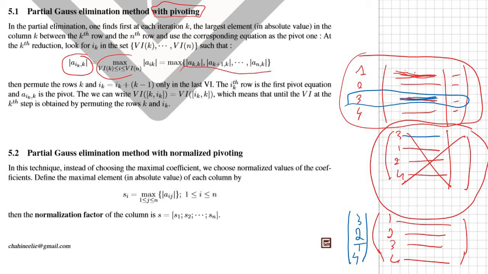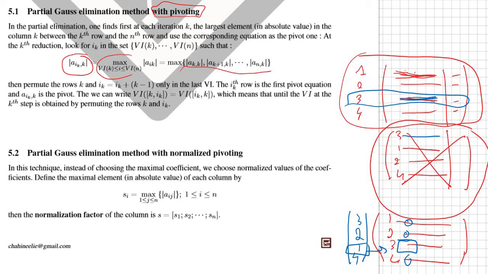Where I have 1 in my index vector, I will consider that this is row 1, and I will act accordingly. So I will be putting these variables to 0 here, and this will be the pivot that I will be considering. I will not physically exchange the rows, but I will exchange them in the way I do my calculations. I will go to another partial elimination method with an example so you can understand how this index vector works.